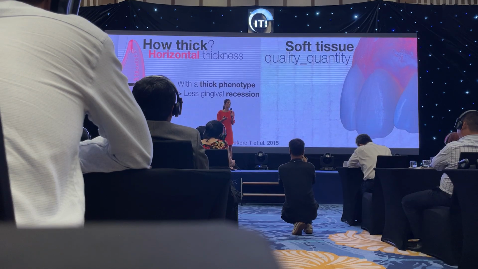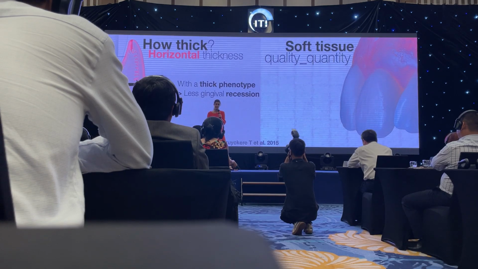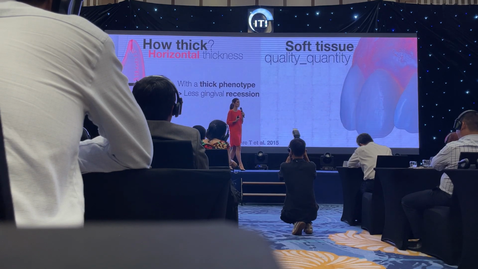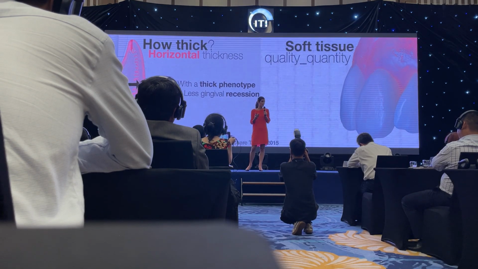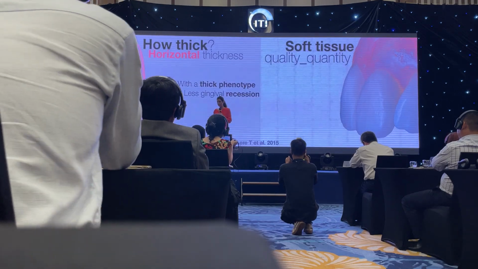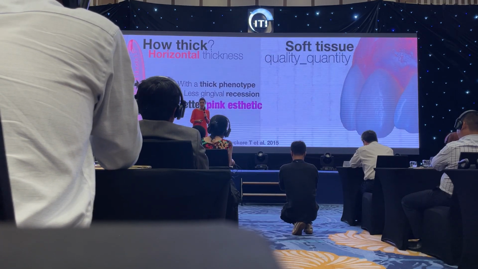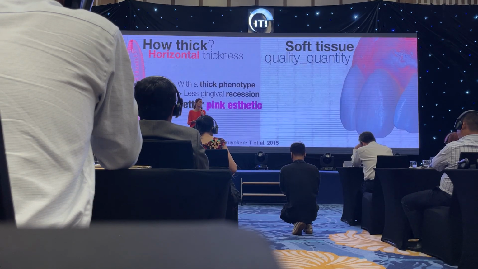We can actually transform this thin tissue into a thick tissue. We will discuss that, but with microsurgical techniques, you can boost the phenotype of the soft tissue and make it thick. And of course, this will lead to more stability, but also to better aesthetics.